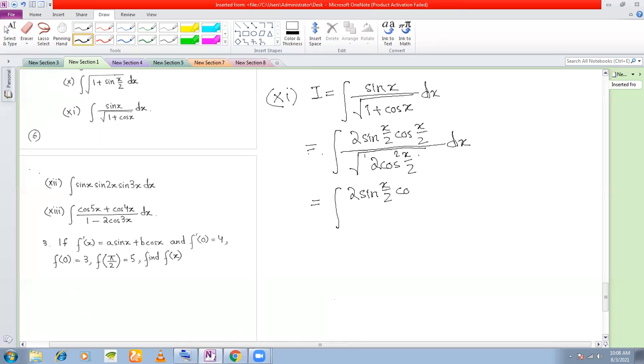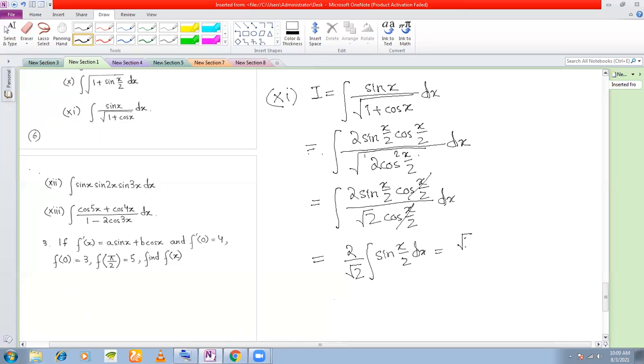Two sine x by 2 cos x by 2 divided by, now this you can write as root 2 cos x by 2 dx. So now see, cos x by 2 cancels. So only left with 2 by root 2 integral sine x by 2 dx.